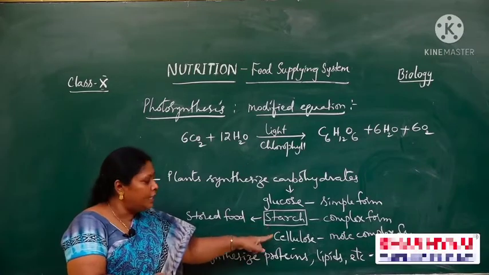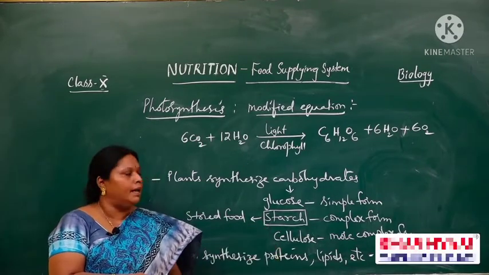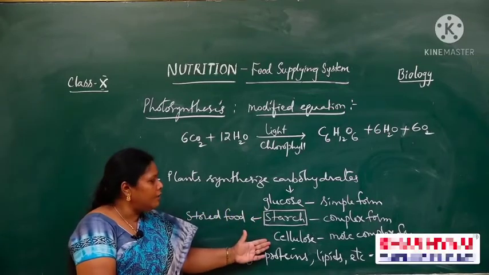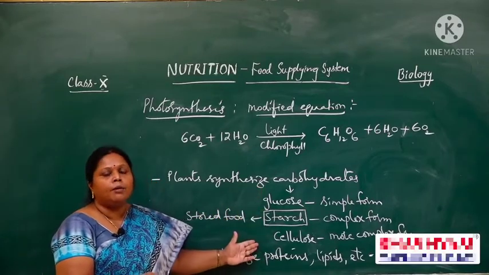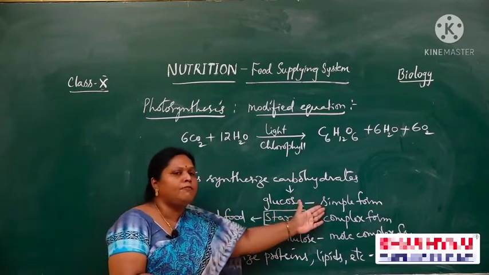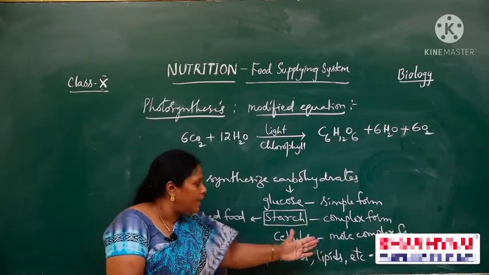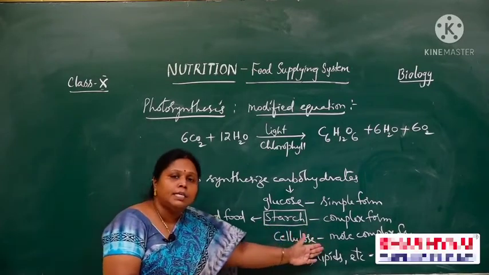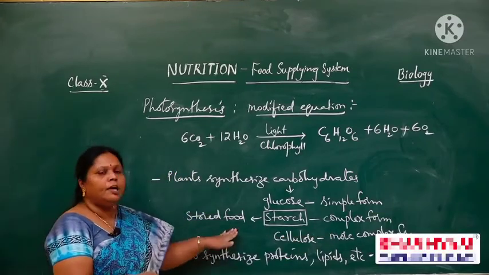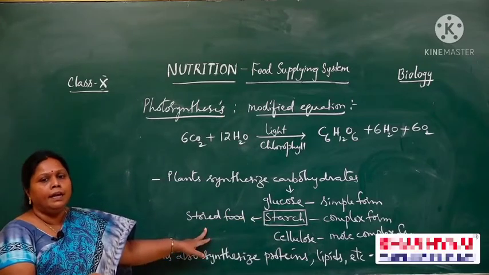And in some plants, we can see cellulose as the stored food material. Glucose, starch and cellulose are all carbohydrates, but in different forms. Glucose is the simple form, starch is the complex form, whereas cellulose is a more complex form of carbohydrate. Generally we see starch as the stored food material in plants.